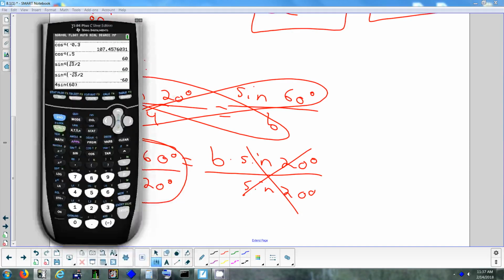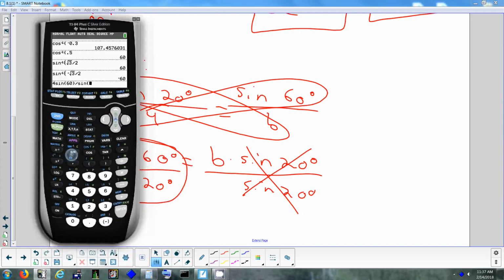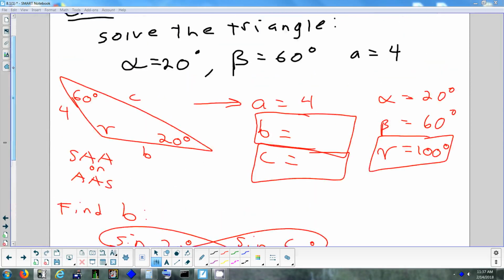Now I'm typing in the denominator, divided by sine 20. Is it important that I close the parenthesis on the 20? Not really, because there's nothing else coming after it. If you want to close it, go ahead. If you don't close it, you get the same answer. Right? So we get 10.128. And that's B.